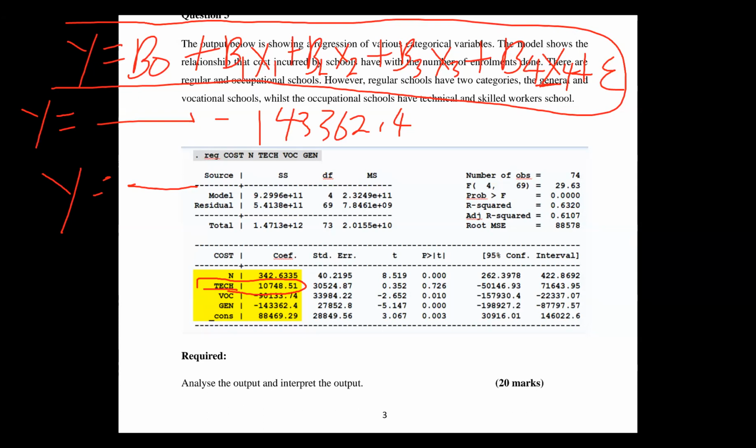I think it would be the same. If we're holding all other variables constant, a unit increase in the number of enrollments will increase the total cost of the tech by 10,748.51 units. That's what I wanted to hear.